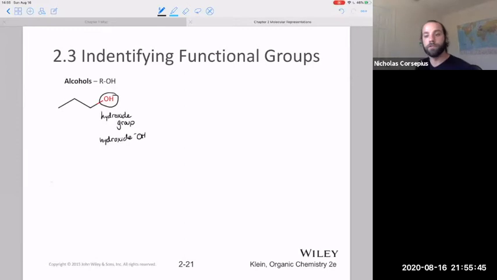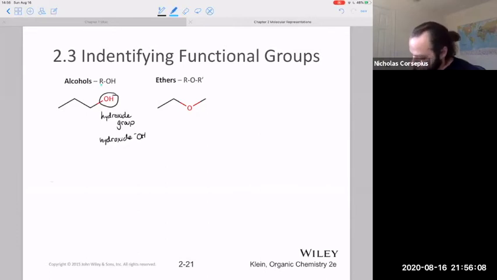A hydroxide group would be that OH, or an alcohol group. It has to be an OH though. If there's a carbon bound to the other side of that oxygen, so for example, something like this is an oxygen that's been inserted between two carbons, this is what we call an ether.